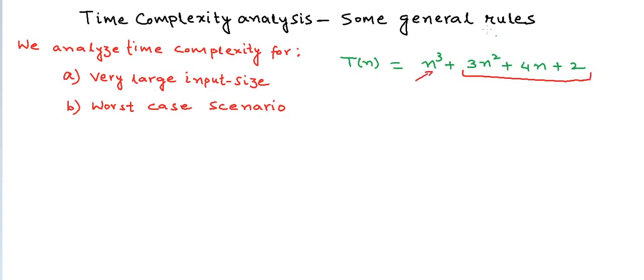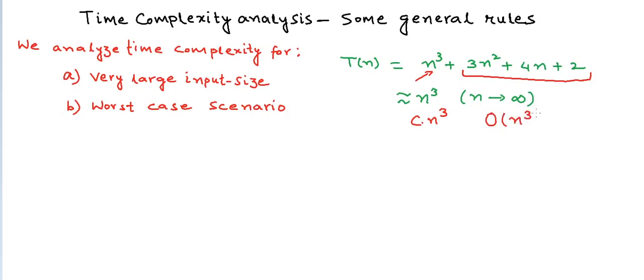So this will be almost equal to n^3 for very large values of n, or we can also say that when n tends to infinity. And that's why we say that this function after some time will not grow any faster than a function c n^3, where c is some constant, and we say the same thing as this particular function is big O of n^3.